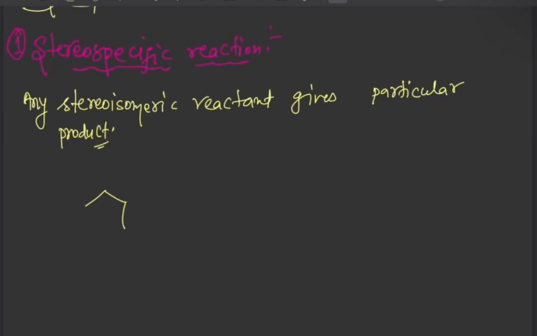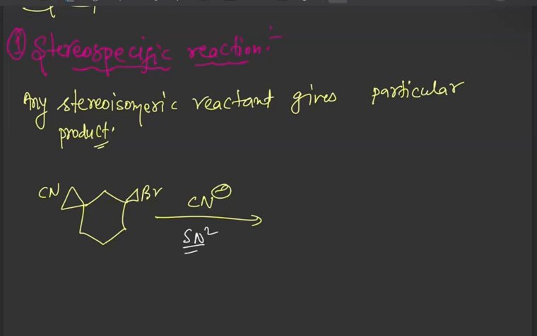Suppose I give a CN, and suppose there is Br fixed and the position is fixed. Now there is CN, and now what will be the product? This will be going, because this is a case of what? SN2, if you remember. This is a strong base, no? A strong nucleophile, you can say this is a very strong nucleophile. So a strong nucleophile will do what? This will replace this bromine.